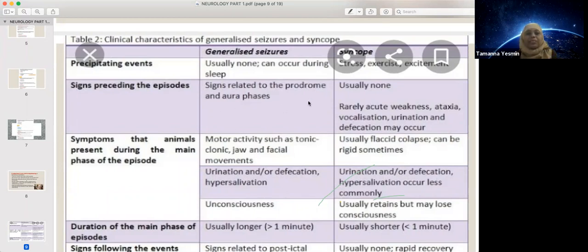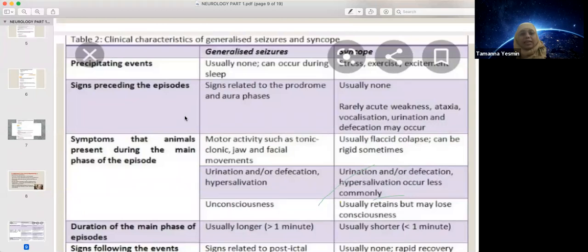In seizure, a precipitating event is absent. It can occur at any time or even during sleep. But in syncope, there is some event like prolonged standing, stress, exercise, excitement. In seizure, the child sometimes has an aura or the same type of attack repeatedly, but there is usually no aura in syncope.